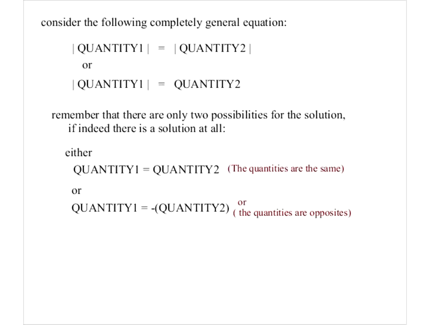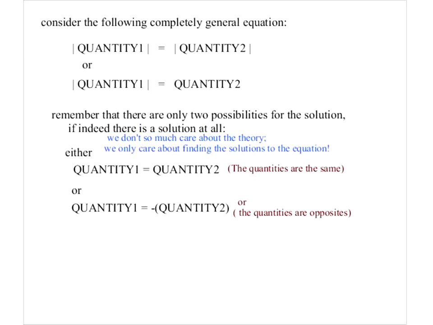Now remember that you're not concerned with theory. We don't so much care about theory. We only care about finding the solutions to the equation. So whatever it takes to find the solutions is really all we're after.